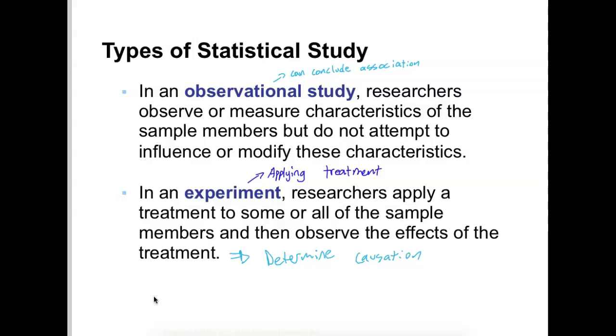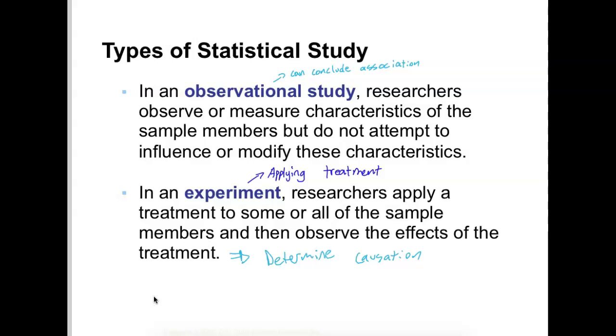Their diet, because that could impact it, right? Their living conditions, right? Their happiness. Everything that I can control other than religion, I'm going to try and keep the same. And then see who lives longer. Now that would be an unethical experiment, right?